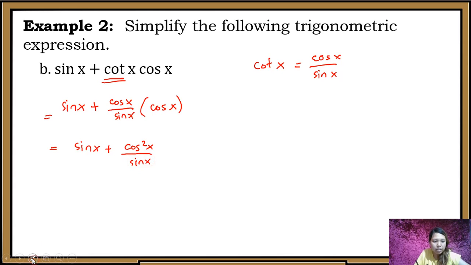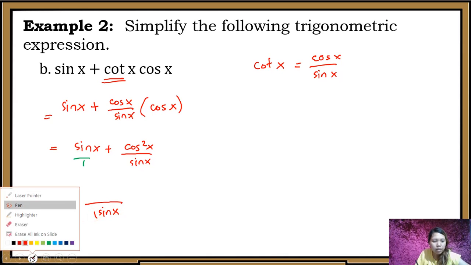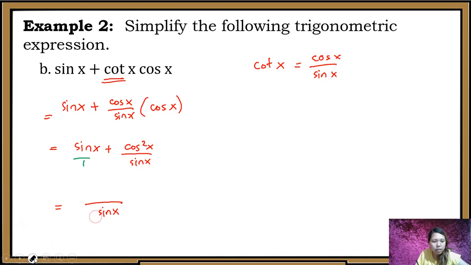We find our LCD between the two fractions. This is over 1. So the LCD between the two is sine x. Sine x divided by 1 is sine x times sine x is sine squared x plus sine x divided by sine x is 1 times cosine squared x is cosine squared x.